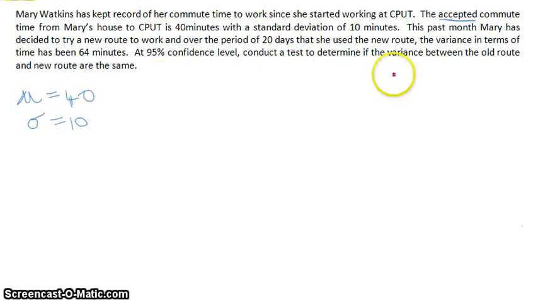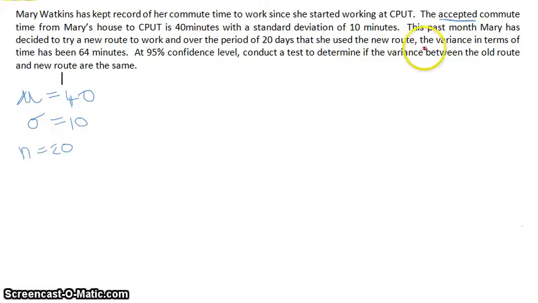In the past month, Mary has decided to try a new route, over a period of 20 days. So 20 days tells us that's my n. Over the 20 days that she used the new route, the variance in terms of time has been 64 minutes. So now this is referring to sample data.